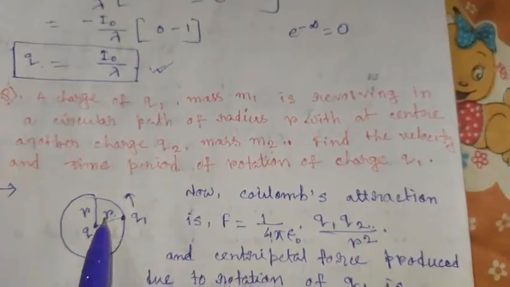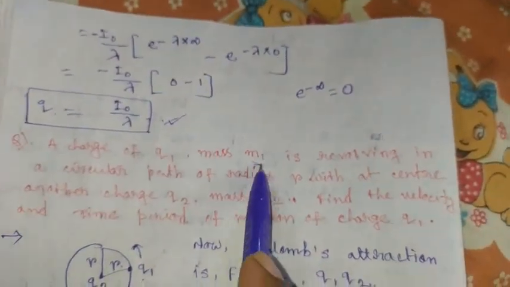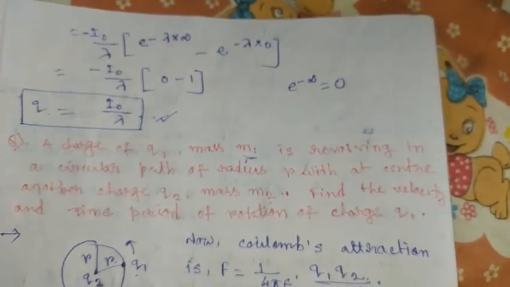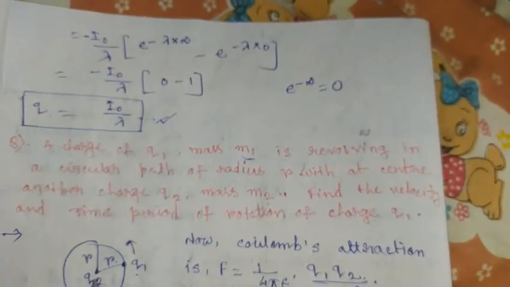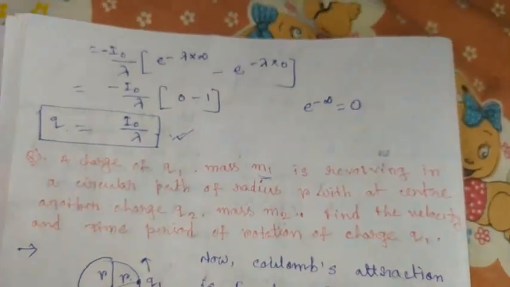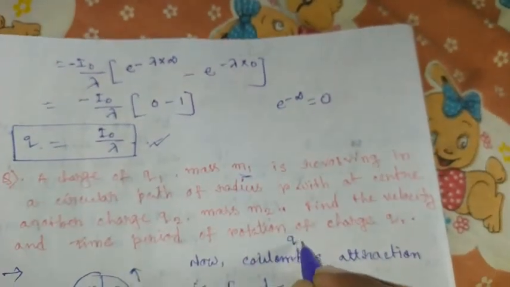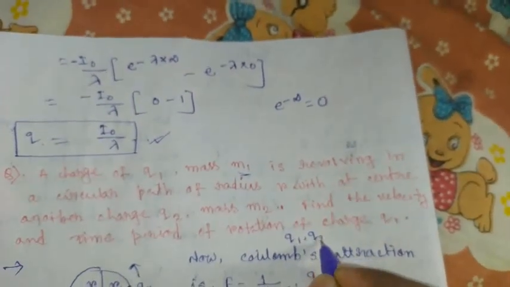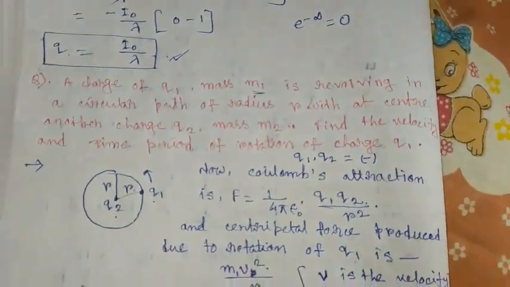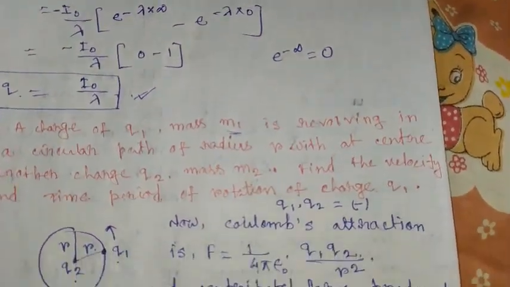So the charge Q1 of mass M1 is revolving in a circular path of radius r, and at the center Q2 is at rest. It is also said in the given question that either Q1 or Q2 is a negative charge. I forgot to write that.